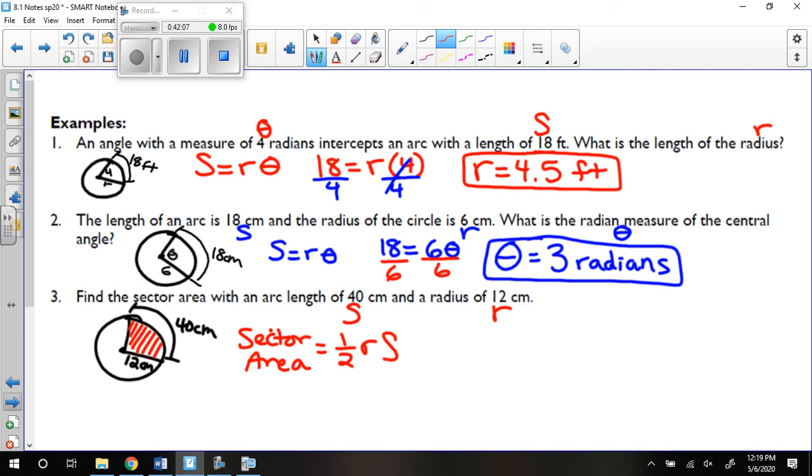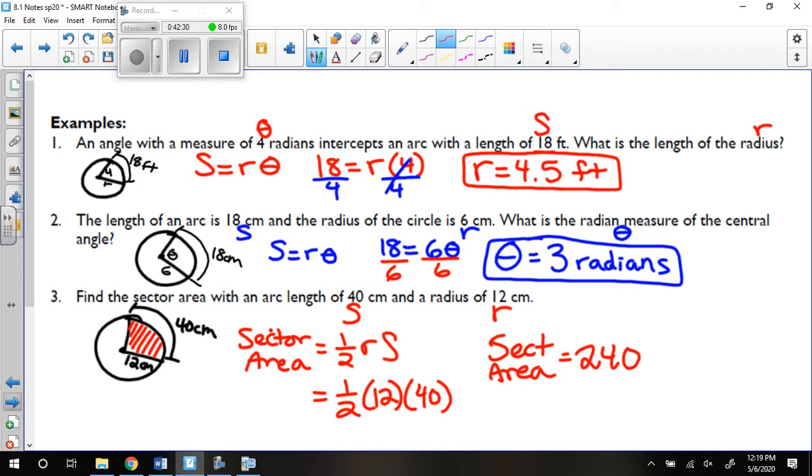So we shall plug in. We've got 1/2 times 12 times 40. So half of 12 is 6, and 6 times 40 is 240. So our sector area equals 240. Our units are centimeters, so centimeters squared is the area of that shaded sector that I have in the picture.